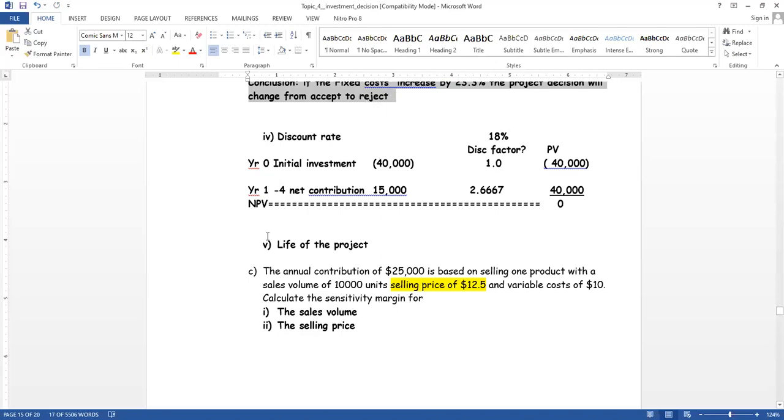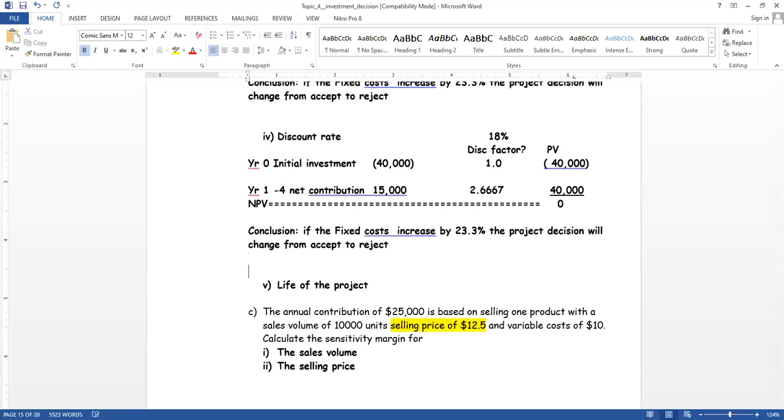Okay, so what does it imply for the discount rate conclusion? That if the discount rate increases to 18%, the project decision will change from accept to reject.